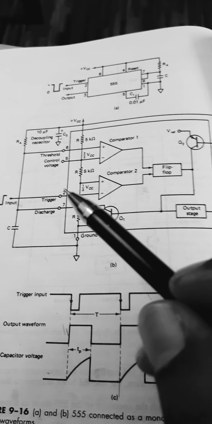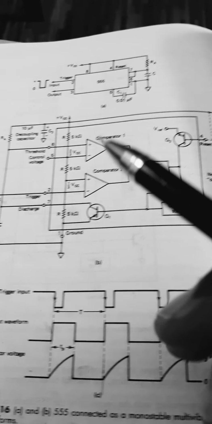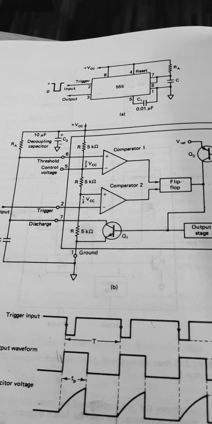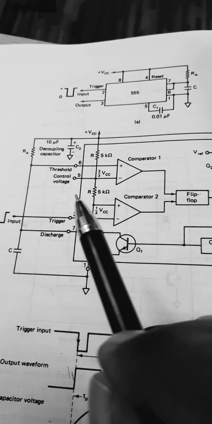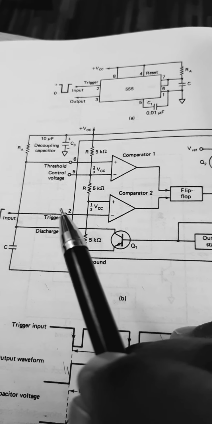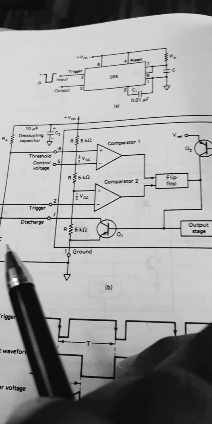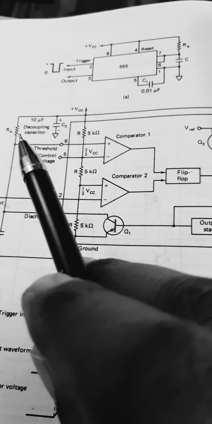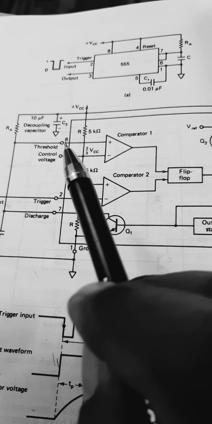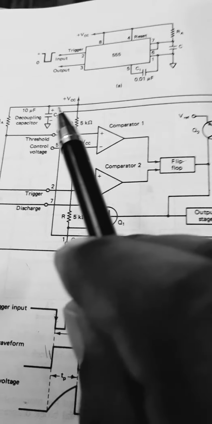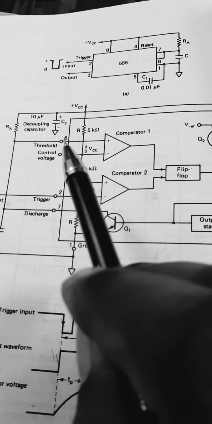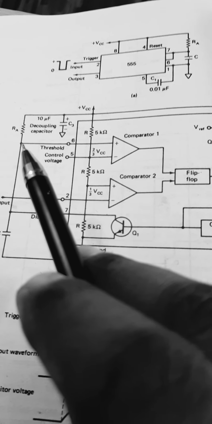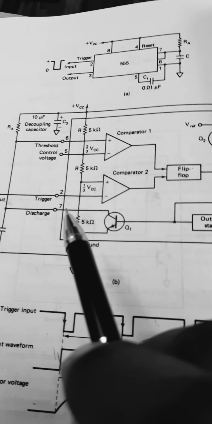Now in this circuit you assume that we connected the RA to the 6. RA, the 6 is threshold, that is connected to RA, and the same point is connected to the discharge.